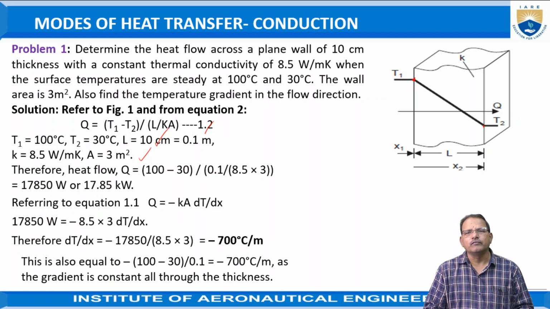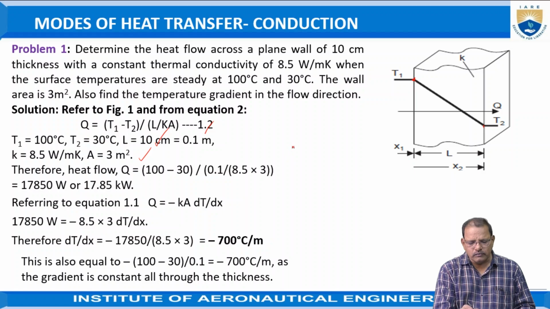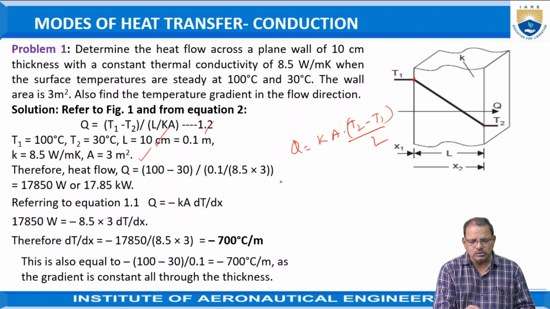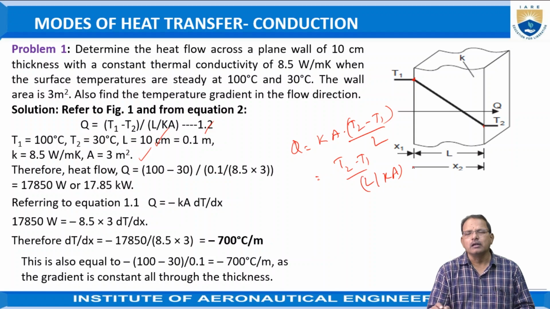Therefore, according to Fourier's law of heat conduction, we have Q is equal to K into A into (T2 minus T1) divided by the length of the object. By using this equation, it can be modified as (T2 minus T1) divided by L by K A. L by K A is known as the thermal resistance.